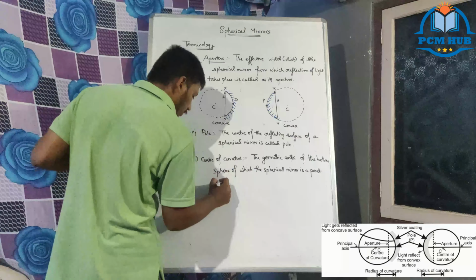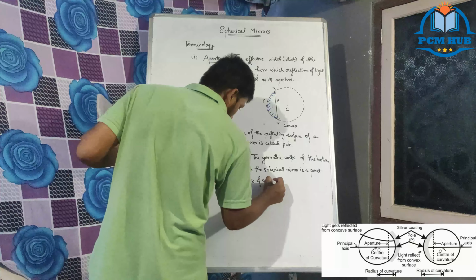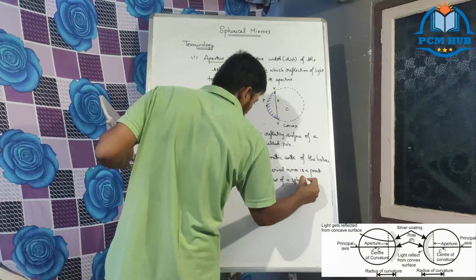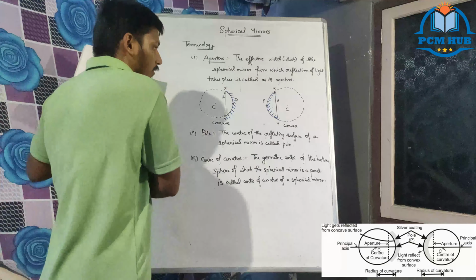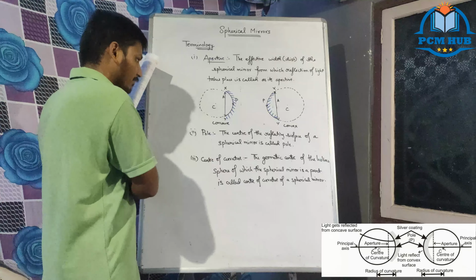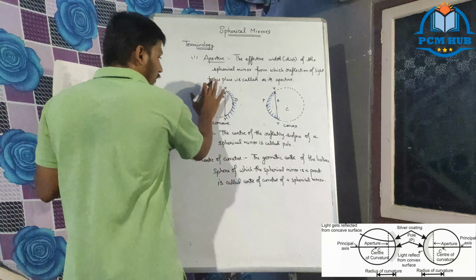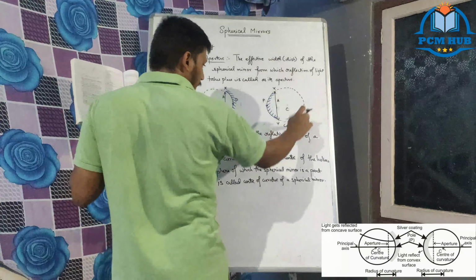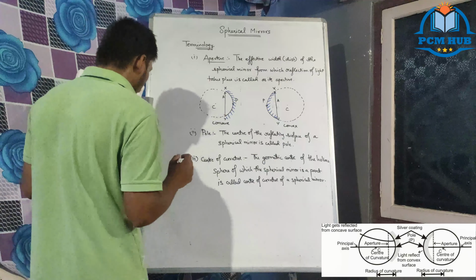Is called the center of curvature of a spherical mirror. Already I have drawn, I have pointed. See, center of curvature. Okay, you have to imagine this. This you will not be given directly. You have to imagine this when you complete the circle and form the geometric center. Next, radius of curvature.